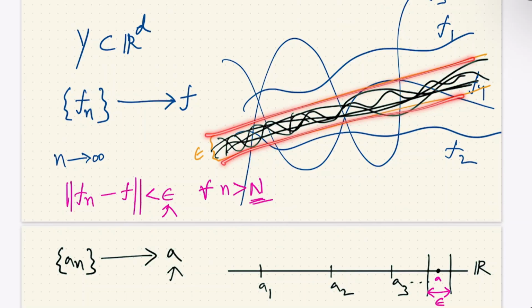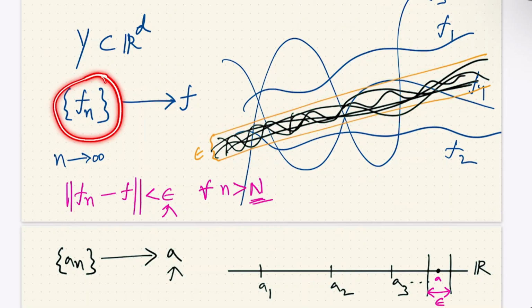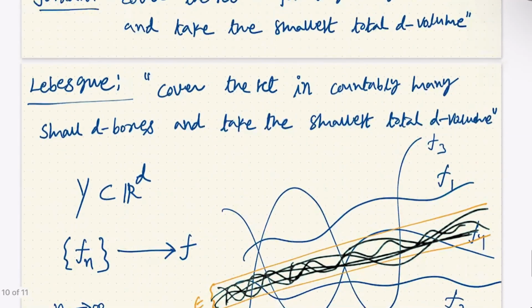Whatever choice you choose, the sequence of functions, under this functional ruling, converges to a particular function, which we say is f. That is so much fine. The sequence of functions and the sequence of real numbers, you know this very well.